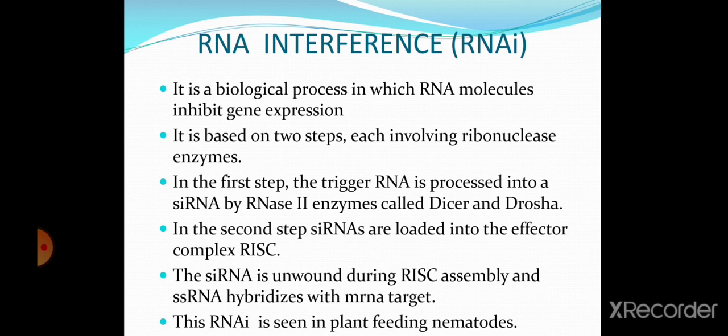In the first step, the trigger RNA is processed into short interfering RNA with the help of RNase III enzymes called Dicer and Drosha. Dicer and Drosha are RNase III enzymes. These enzymes catalyze this process of converting the trigger RNA into short interfering RNA.